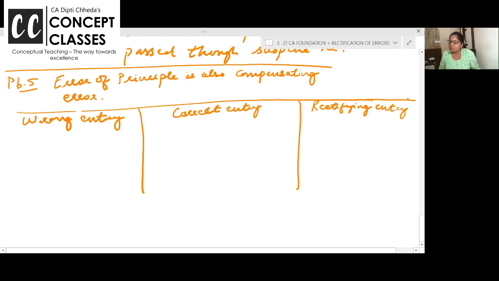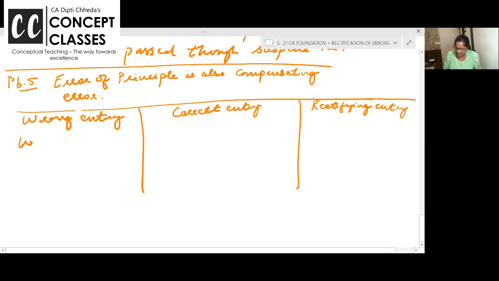Let us see the first one. Read the problem with me. All of you have this book with you, so please make sure you're reading. Paid wages for construction of building debited to wages account. So wrong entry is wages to cash. Correct entry is building. You don't have to do like this in exam, huh?